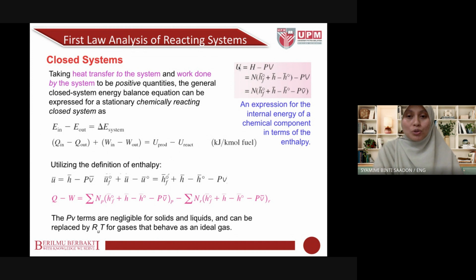This internal energy U is actually enthalpy minus PV, the boundary work, pressure and volume. So if you consider the closed system, the energy balance will become like this. It's just that we rearrange the equation.